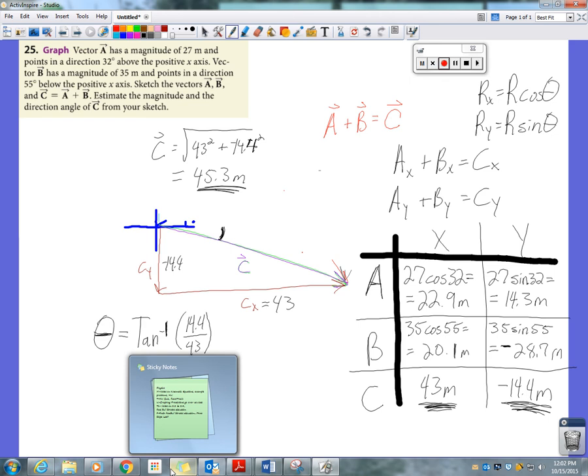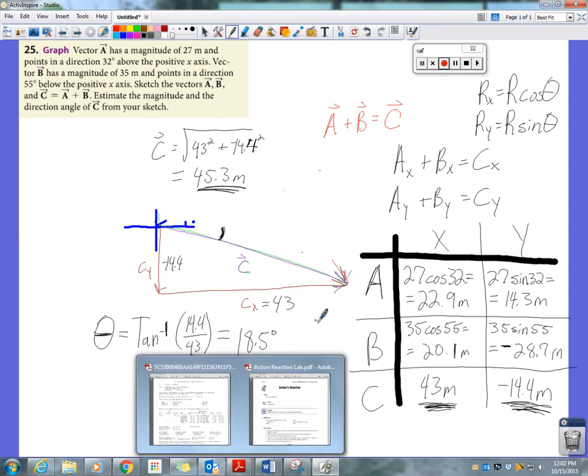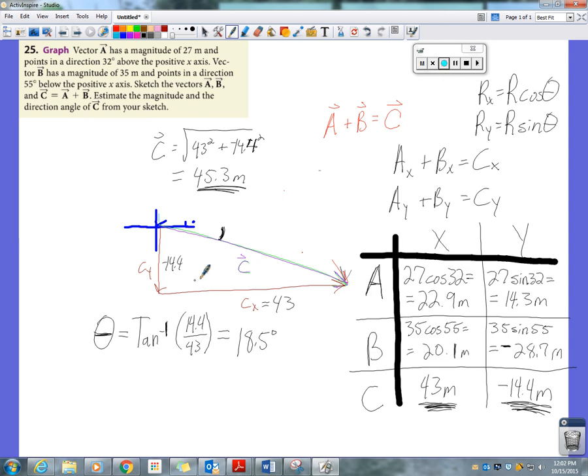You should never have a negative angle. And we get an answer of 18.5 degrees. Now 18.5 degrees what? Now we can say south of east. We know that because y is negative, so south, x is positive, so east.